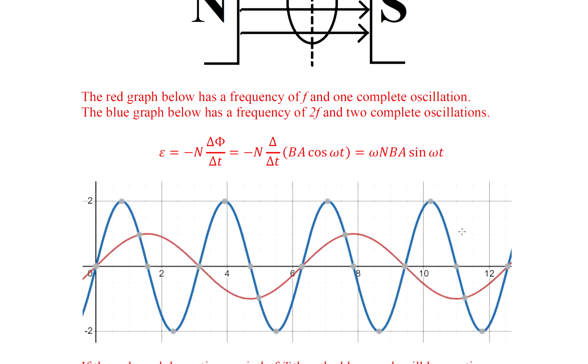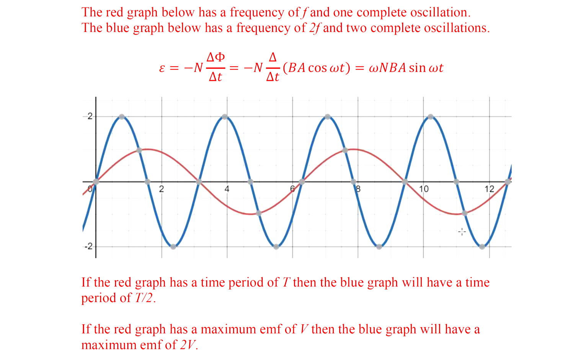The blue graph below has a frequency of 2F and 2 complete oscillations. So you could see when the angular frequency doubles, the magnitude of EMF doubles, and its period halves.